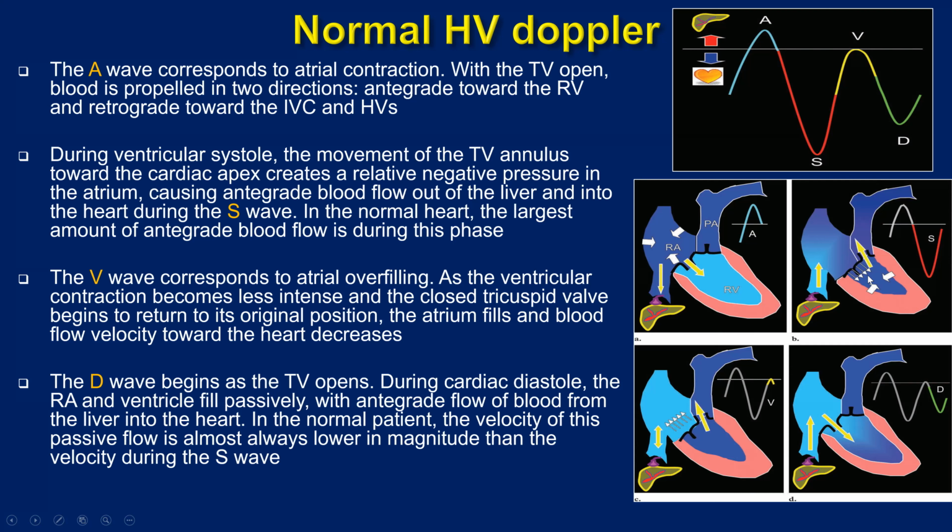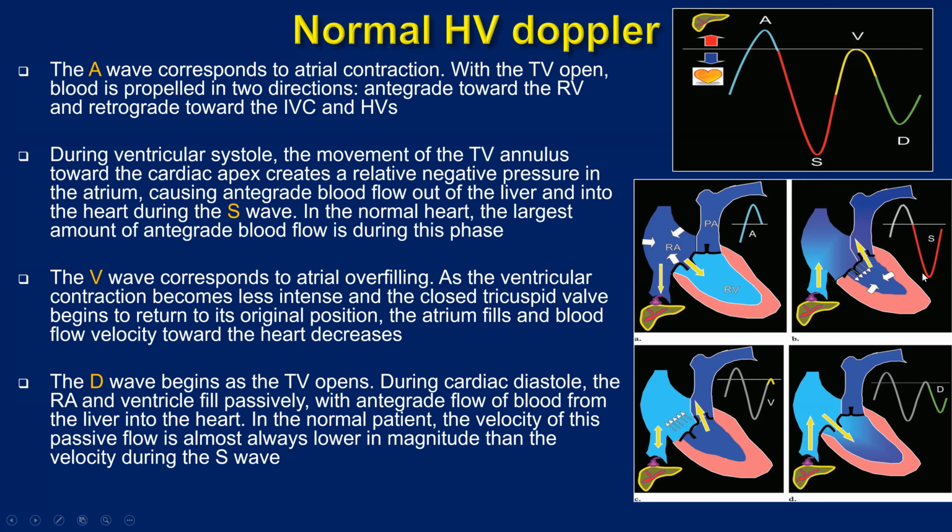The descent of the tricuspid valve annulus, as shown here, will create a big negative pressure in the RA, and this will lead to flow of blood from the right atrium to the right ventricle and will give us the S wave.